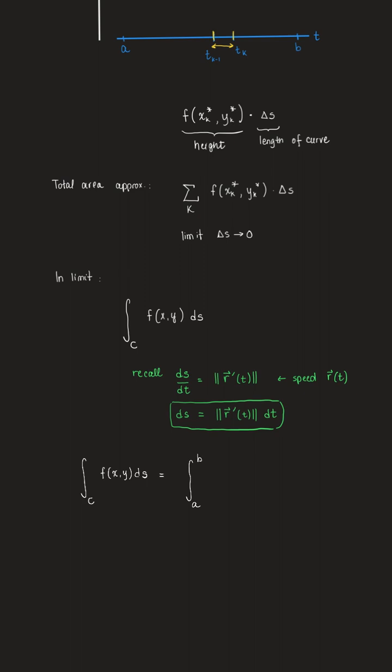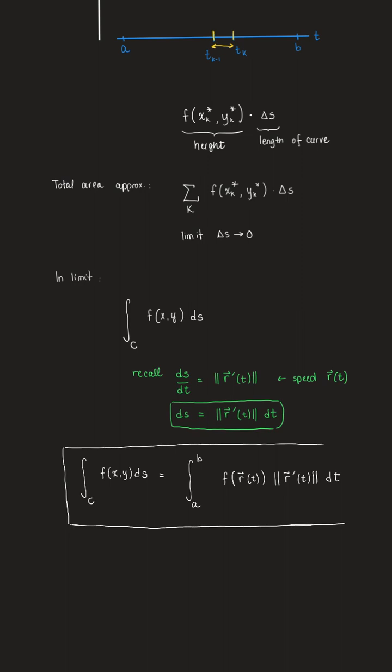We will have our function at x y, where the x and y values are little points on our curve, which are defined by our parametrized curve, and we multiply by ds, which is our arc length differential, or the magnitude of r prime of t dt. So you might notice that this actually is just an ordinary integral that we handled in our Calculus 2 classes.